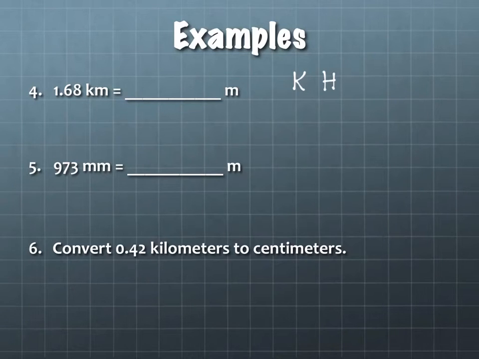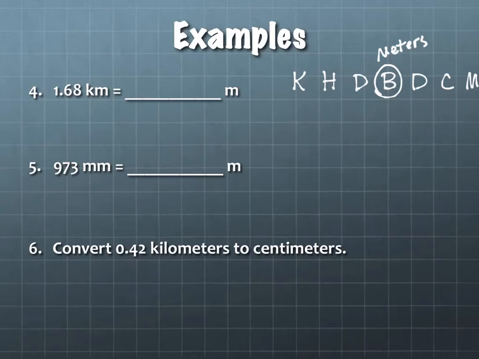King Henry died by drinking chocolate milk, and the by here is in meters. What was your M? Monday. He died Monday by drinking chocolate milk.